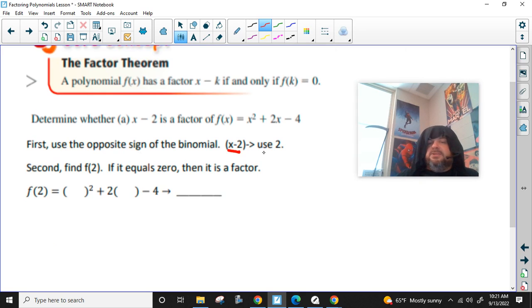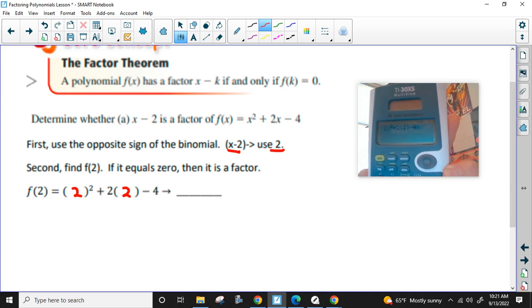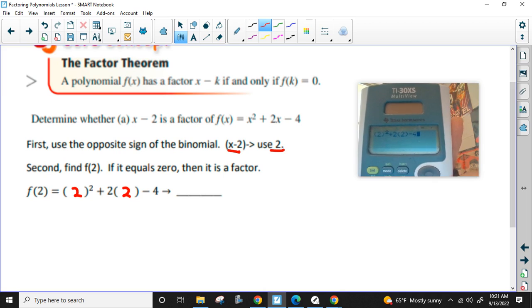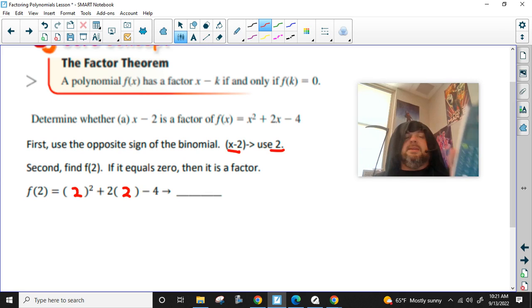So instead of x minus 2, we use 2. So everywhere we see x, we're going to plug in 2 into the calculator. Okay, this is all calculator work. And yes, parentheses matter. All right, so we type it in like so. Hit enter. All right, we end up getting 4. So is this a factor?